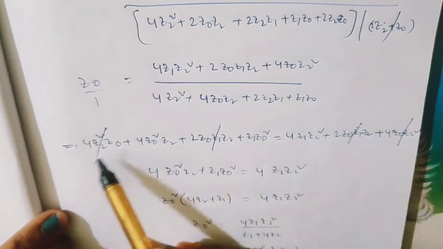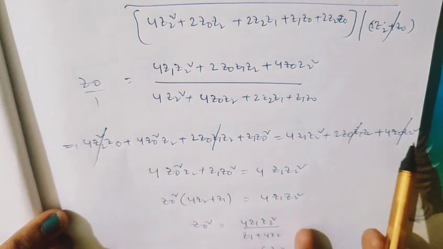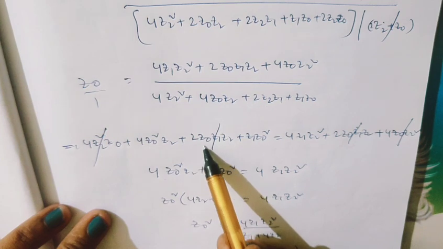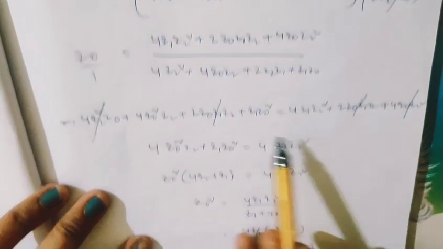Now cancel out these terms. Here we have 4Z2 square Z0 on both sides, cancel out these two terms. Similarly, we have 2Z0 Z1 Z2 on both sides, cancel out these terms.